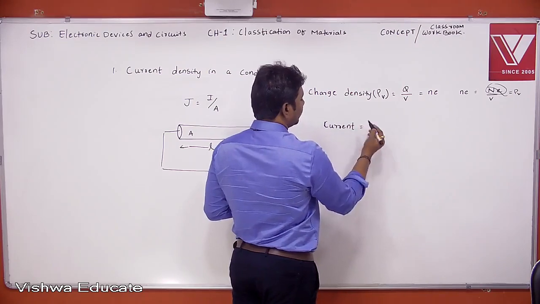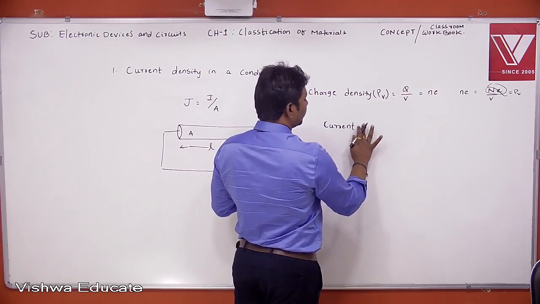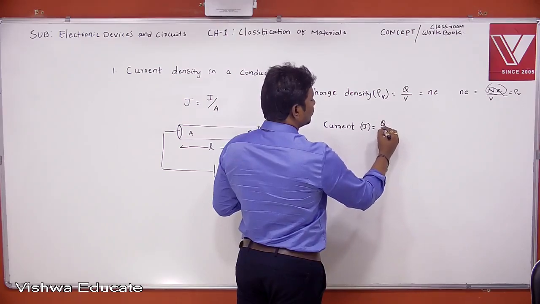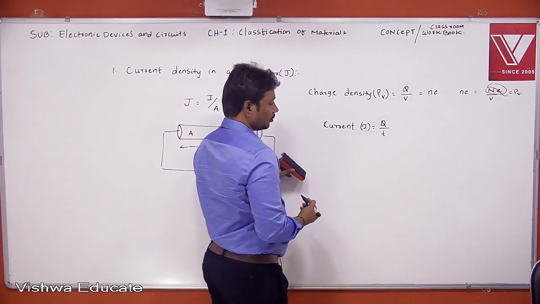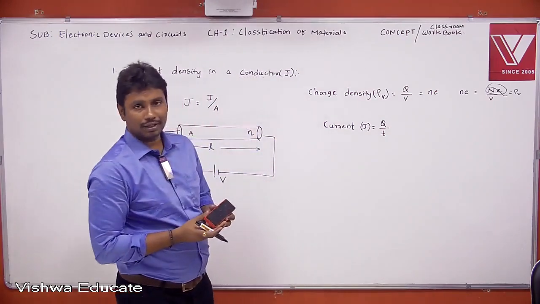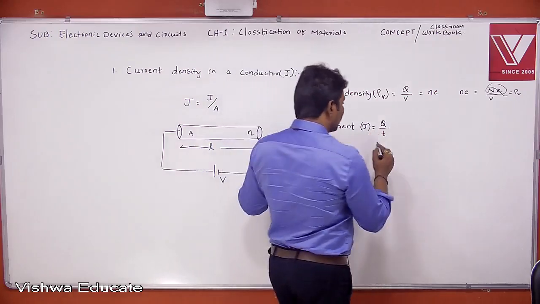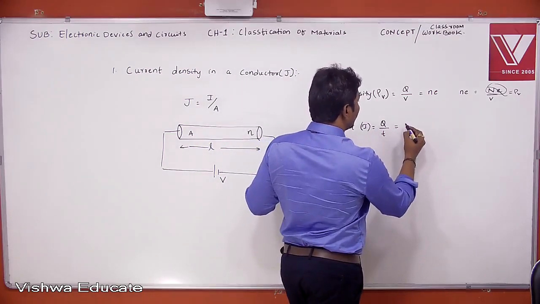What is current actually? Current is nothing but charge per unit time, or we can also say rate of change of charge with respect to time. Now tell me what will be the charge in terms of volume charge density?